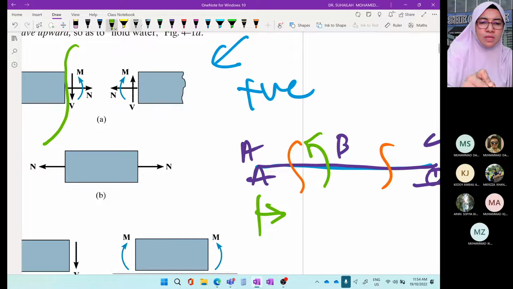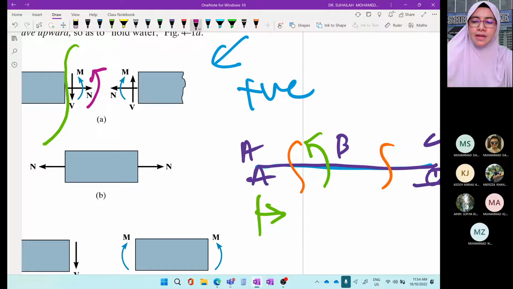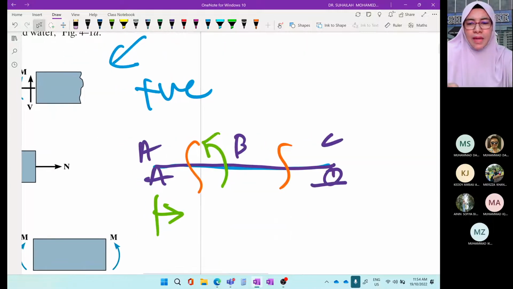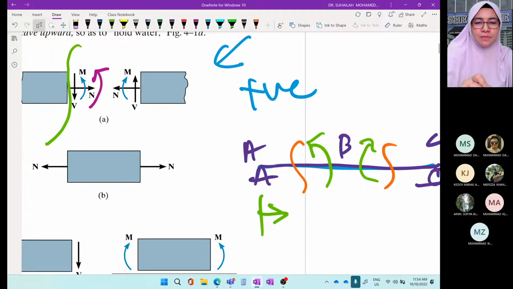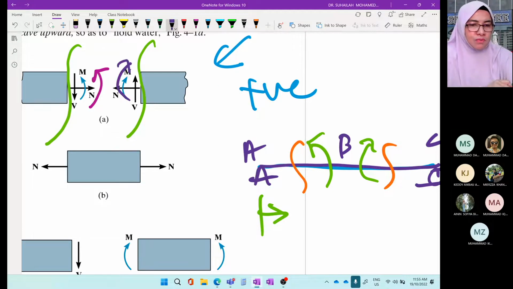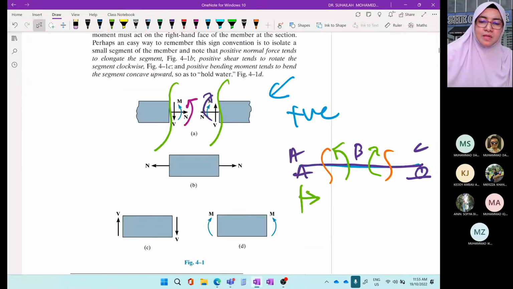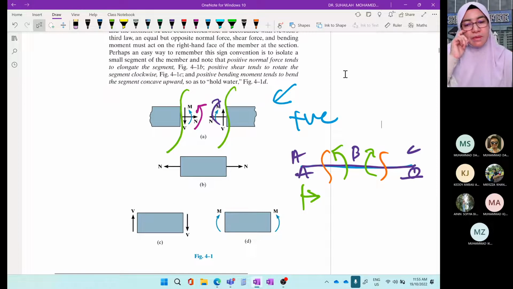That is why moment kita this direction. But if we take moment from C, so sign convention akan refers to yang ni pula. So that is why kalau origin kita from C, we get this direction. And it is all called as positive sign convention that has been explained in this textbook. So yang ni kita punya main reference.